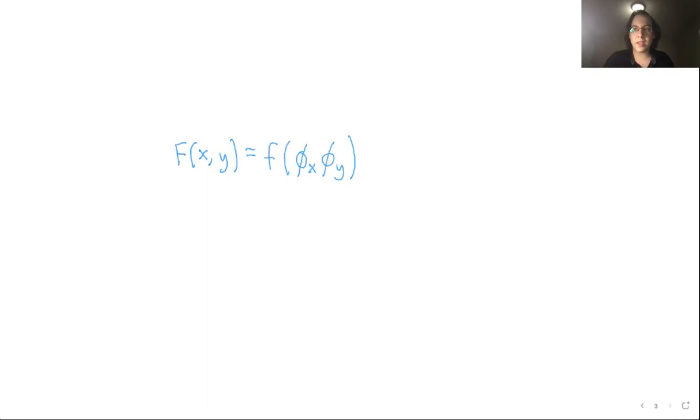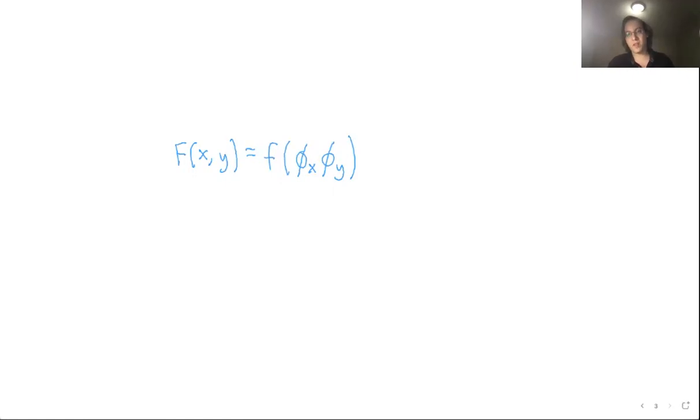We'll define little f such that little f of phi x, phi y is equal to f of xy. Okay, and little f here is going to be a promise problem. So it's going to be a partial function, and it's only going to be defined on input strings that look like phi x, phi y for some x and y.